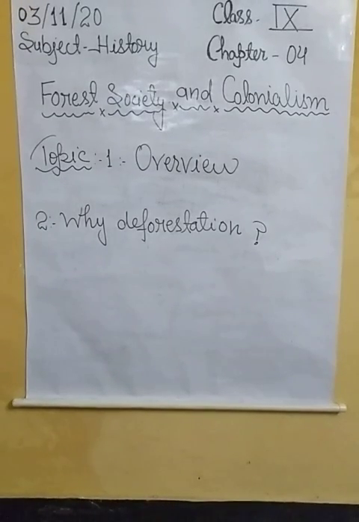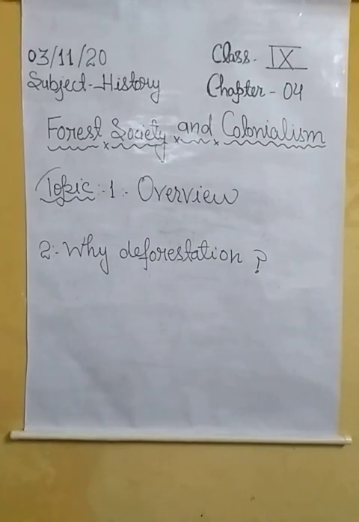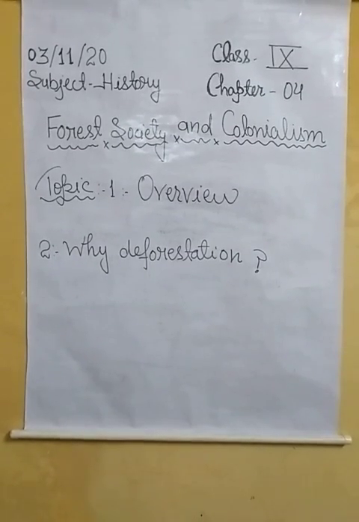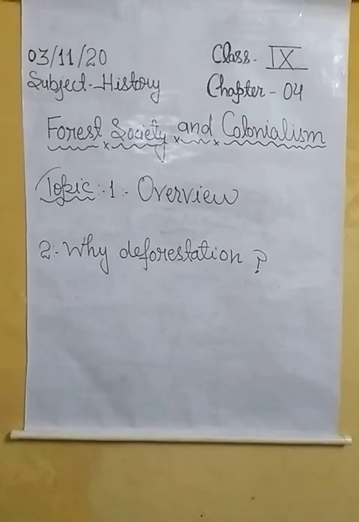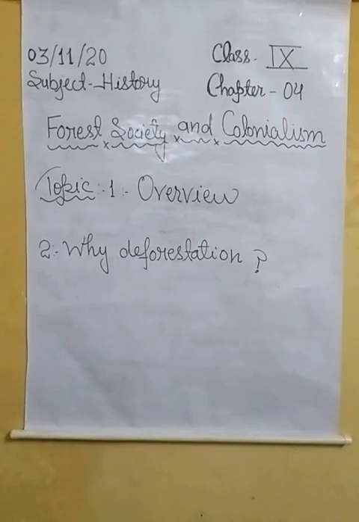After that, your next topic is why deforestation. So students, first of all, here we have to understand the definition or the meaning of deforestation. The meaning of deforestation is that the disappearance of forest is referred to as deforestation.